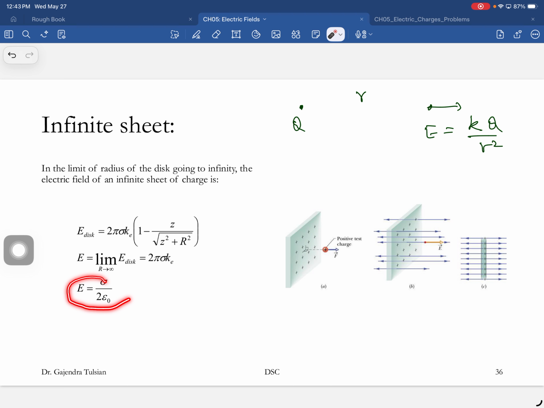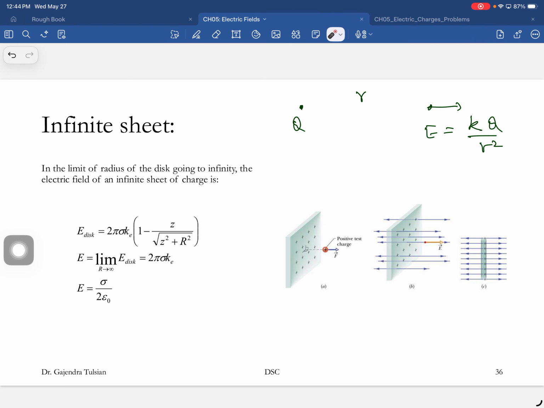Is there anything strange about this expression? Anything that jumps out at you? It's finite.